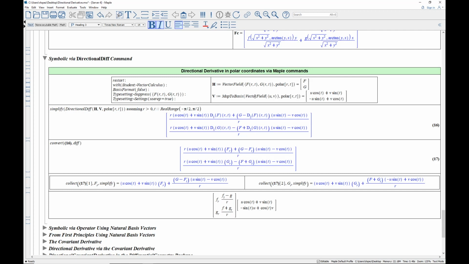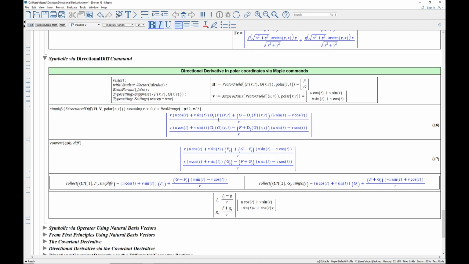DirectionalDiff applied to this polar field, polar direction vector. Tell Maple you work in polar coordinates. Some simplification, r greater than 0, theta in a range that deals with the minus sign. Things get shrunk down to this.